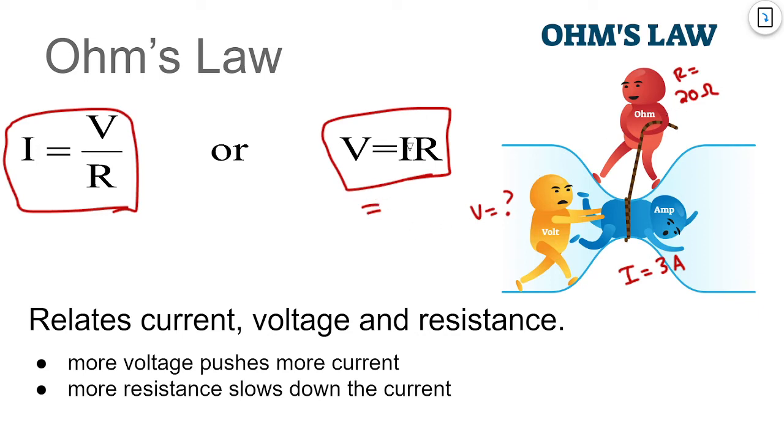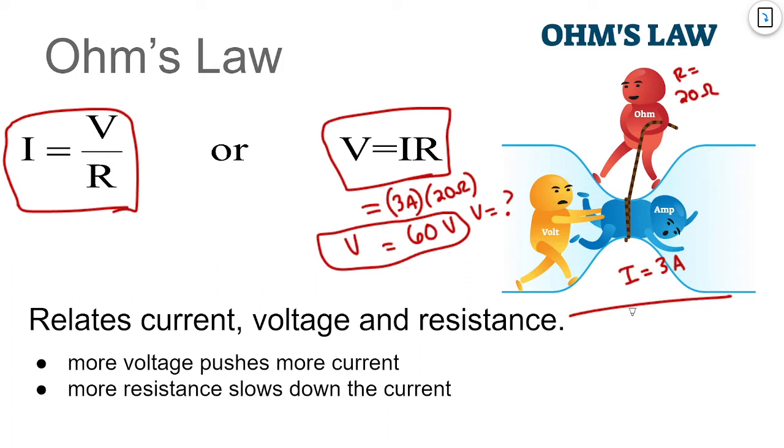Easy peasy. You say I equals 3 amps, and the resistance is 20 ohms, and 3 times 20 is 60, and the unit that should go on that would be volts. I need a 60 volt battery to make that happen. Okay, if I put a 50 volt battery, I wouldn't get as much current. Wonder how much I would get.